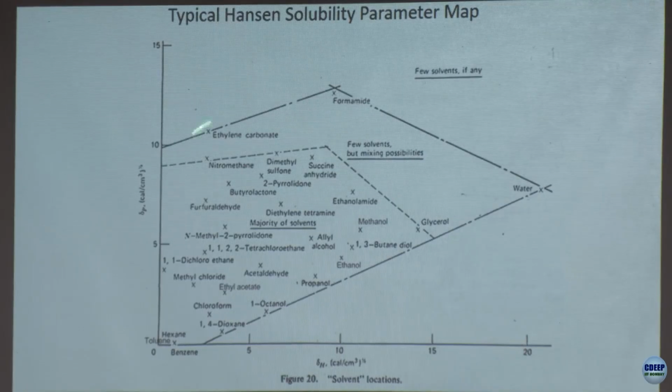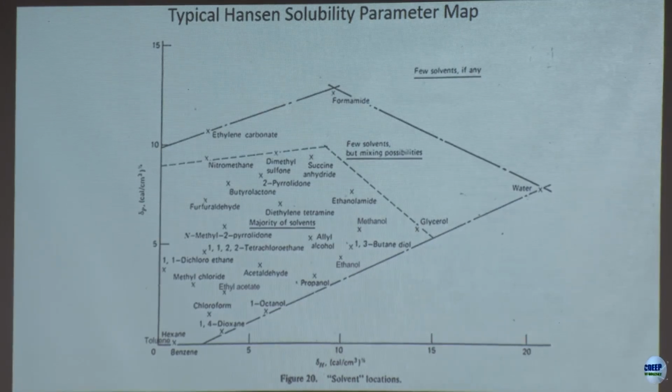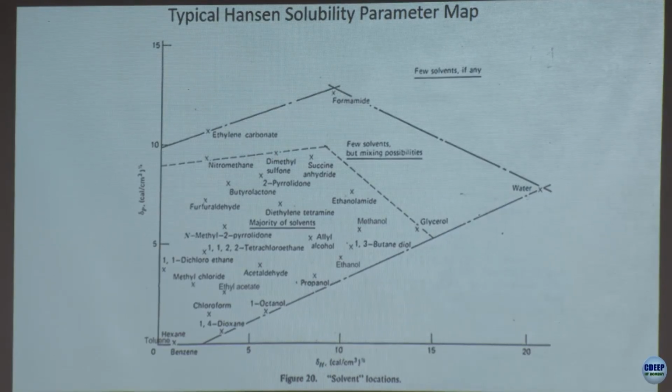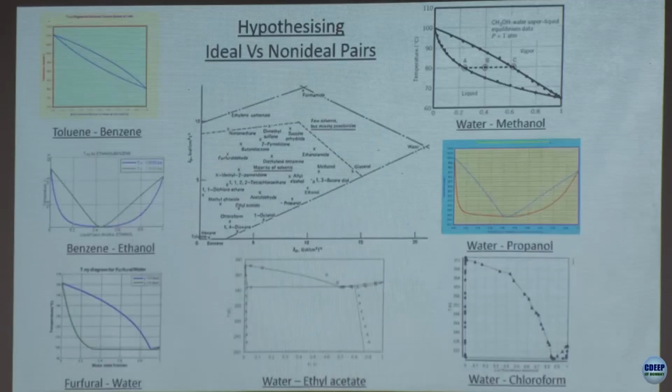Fine. So all the molecules here behave differently with respect to each other and with themselves. You can see that molecules which are closer to each other tend to form ideal pairs. Molecules which are away from each other tend to form non-ideal pairs. So this is also a very important diagram, and if you have the shape in mind, you can make use of it for creative work.